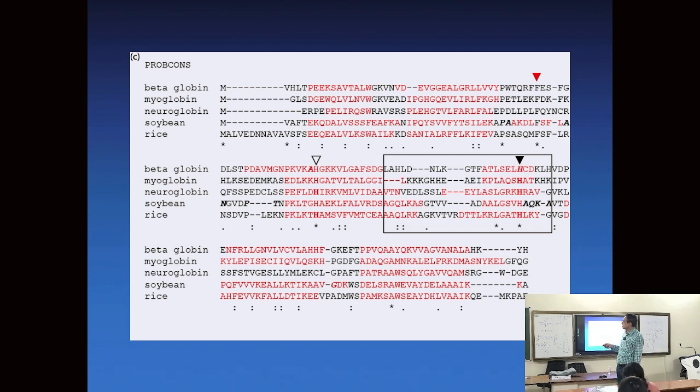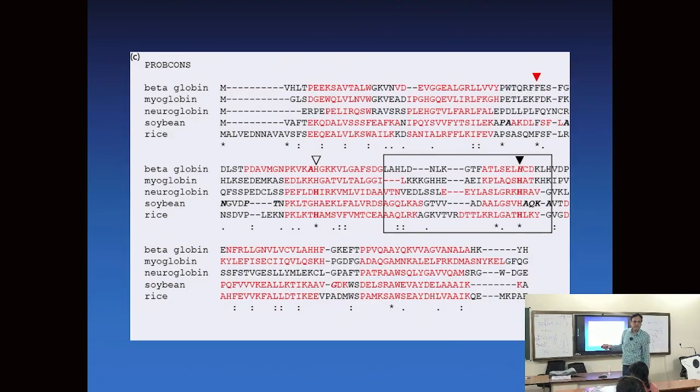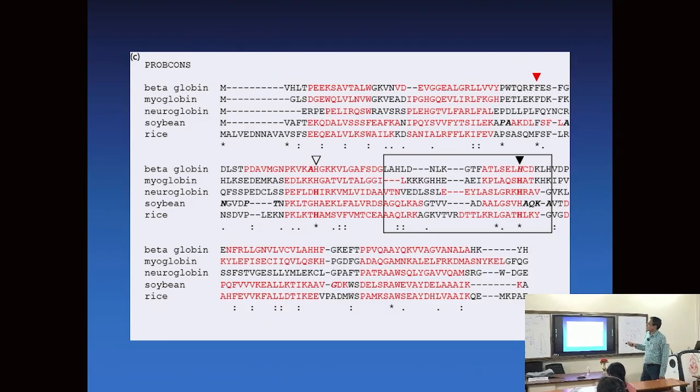There are many ways to do this, so let's see how we can compute these scores. One could be the probabilistic scores: the probability of a column, assuming that each of the nucleotides or residues in a column occur independent of each other.